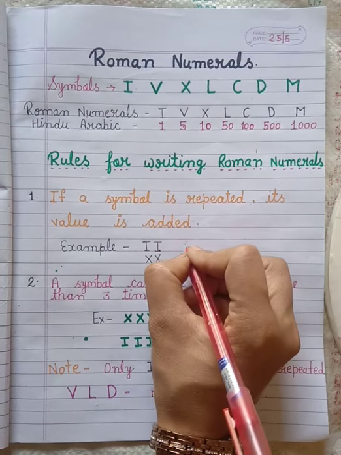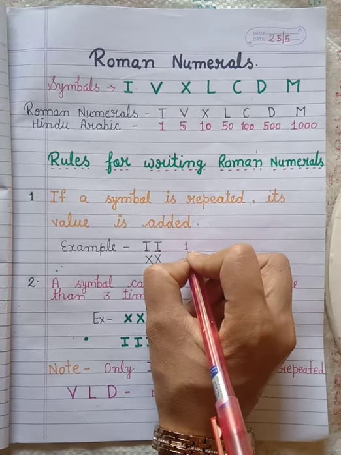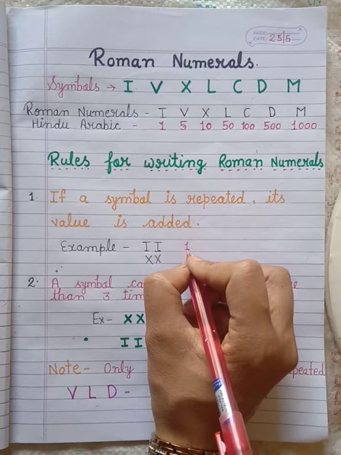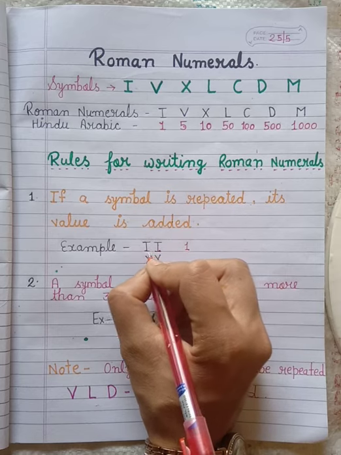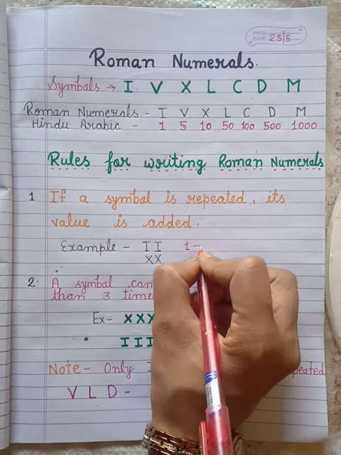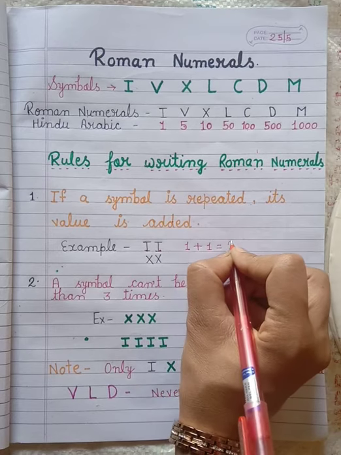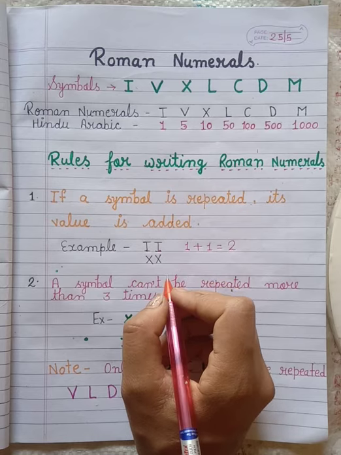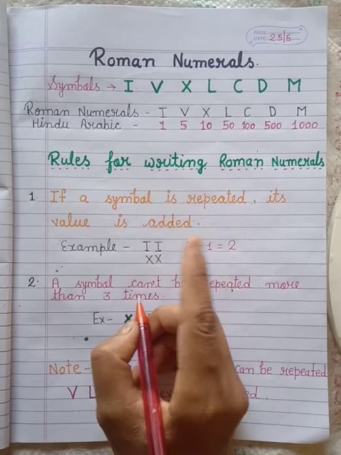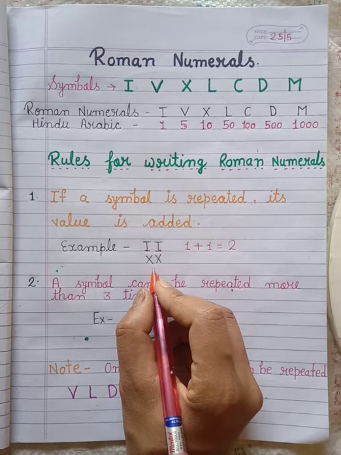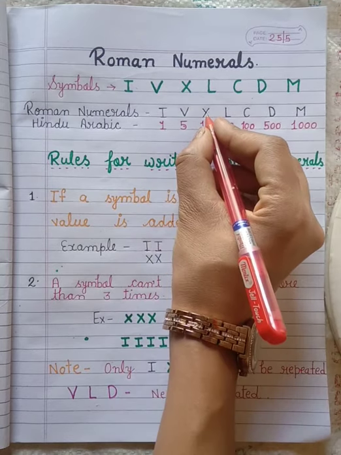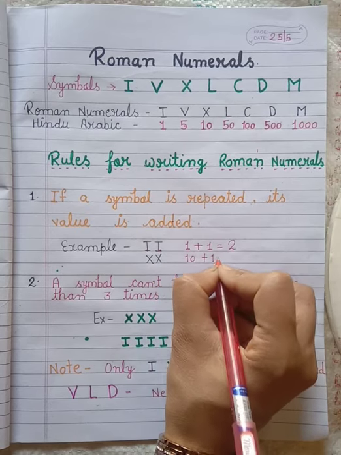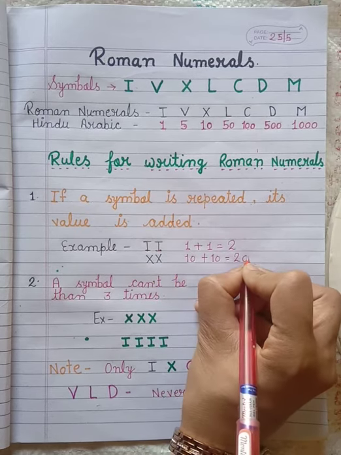I means 1, so we add these two symbols: 1 plus 1 is equal to 2. When the numeral is repeated, we add the values. Next example is XX. X means 10, plus X again 10, so that is 20.